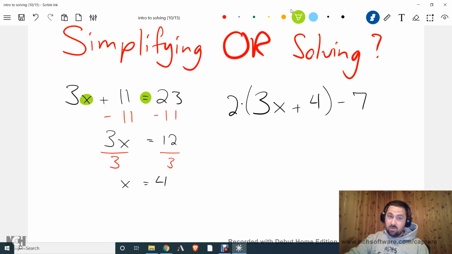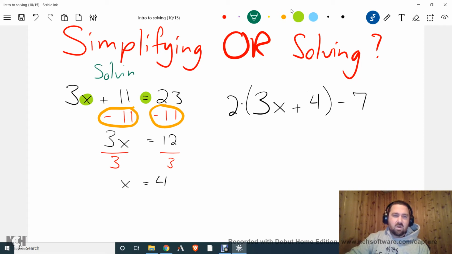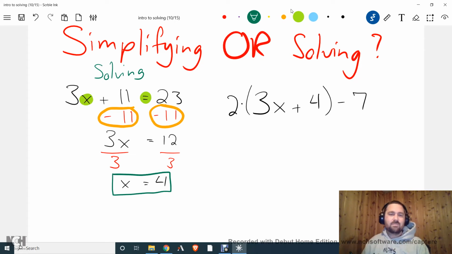Here we have a variable. And here we have some inverse operations. Those 3 things, specifically the inverse operations, scream out to me, oh, this person is solving. And look what they did at the end. They found what x was equal to. So if you describe this work as solving, that would make sense. This person's solving.